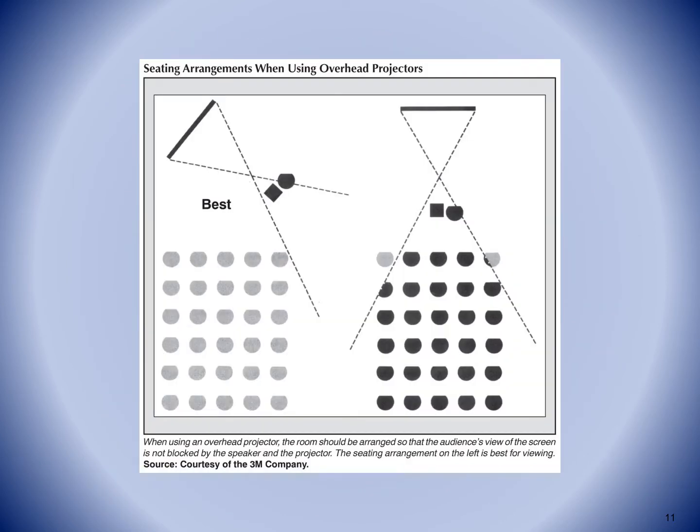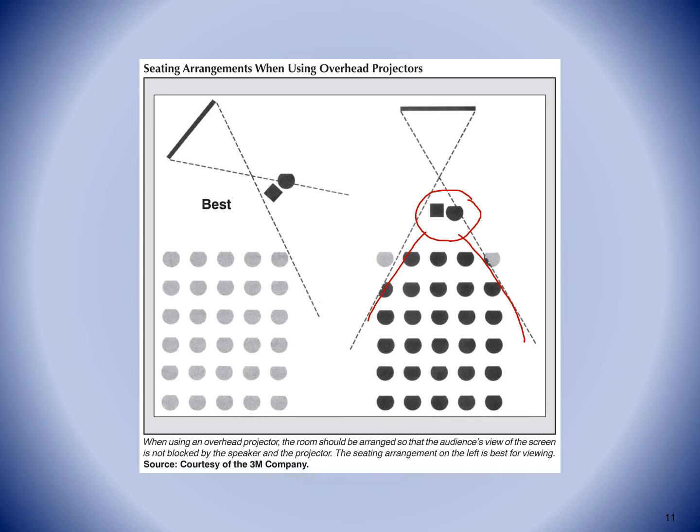When we think about where we want to set the screen and the speaker, it's really important that the speaker and the podium do not block the view of the screen. So in this case here, this speaker and podium is blocking the view of all of these people.